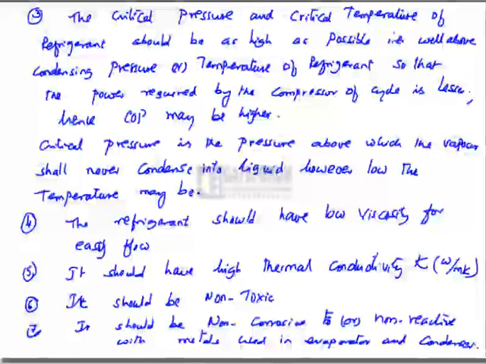It should not react with the pipe materials that are used in the evaporator and condenser. Particularly when ammonia is used as a refrigerant, because it might react with copper, the evaporator pipe and the condenser piping should not be made with copper and its alloys like brass, bronze, etc. Cast steel may be employed. So aluminum could be used, because ammonia is not reactive with cast steel.